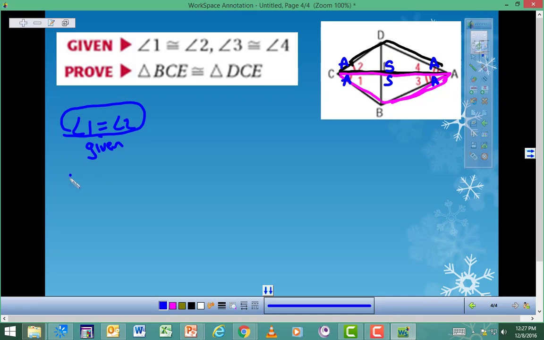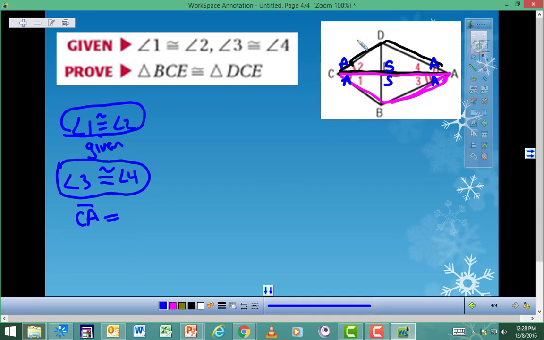And then I'm going to say angle 3 is congruent to angle 4. Okay? And I'm going to put a little bubble here. And now underneath that I'm going to say CA is congruent to... by the way, what should I use over here?